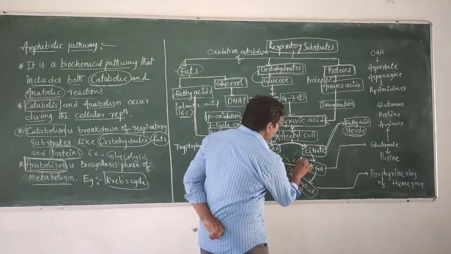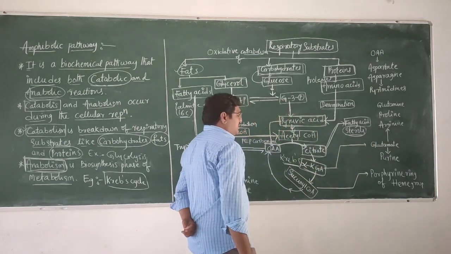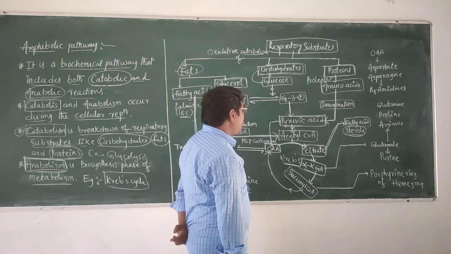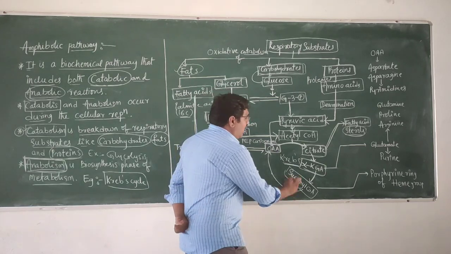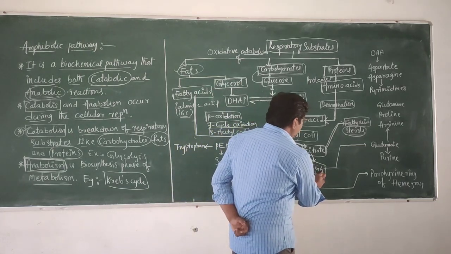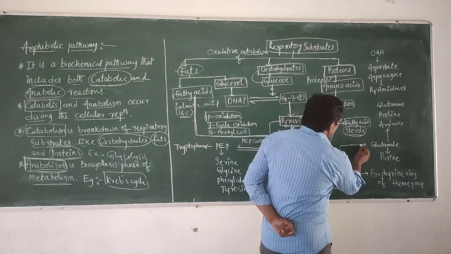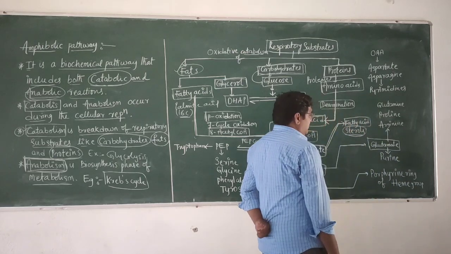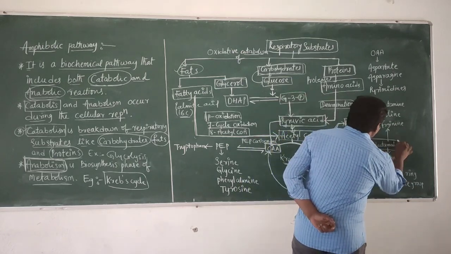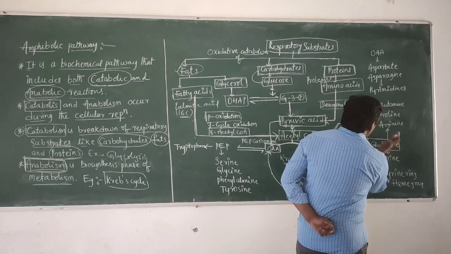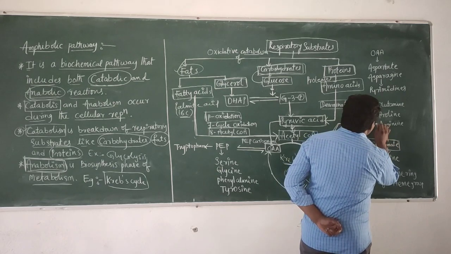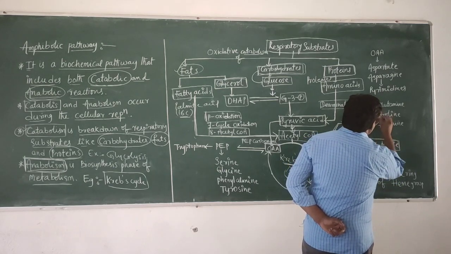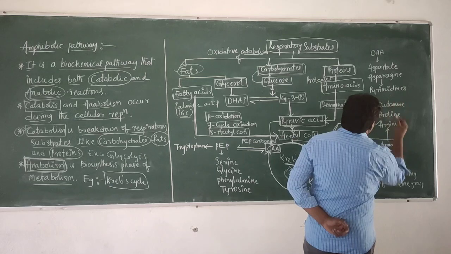So next, alpha ketoglutaric acid. It is the most important intermediate product during the Krebs cycle. Alpha ketoglutaric acid is the main precursor for the synthesis of the amino acid glutamate. This glutamate is the main precursor for the synthesis of arginine, proline, and glutamine.